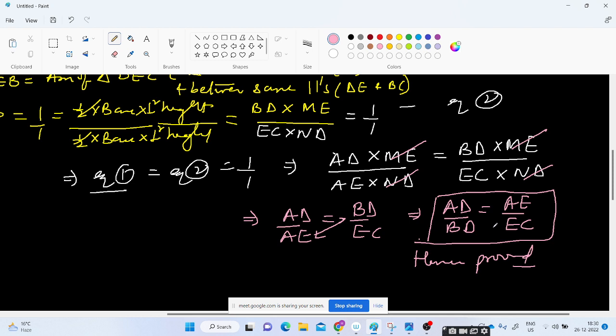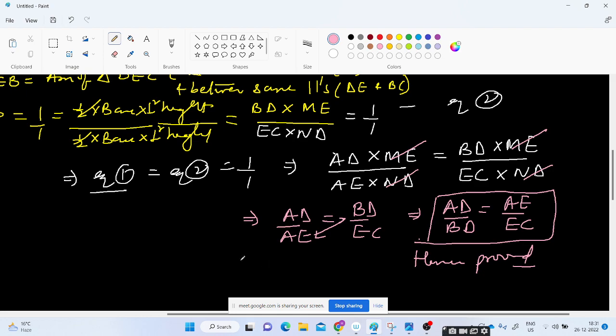So I hope this is clear to you. So this one is important. Now come to the converse of this one. So if this is given in the sample paper, so it is also important that converse will be asked.